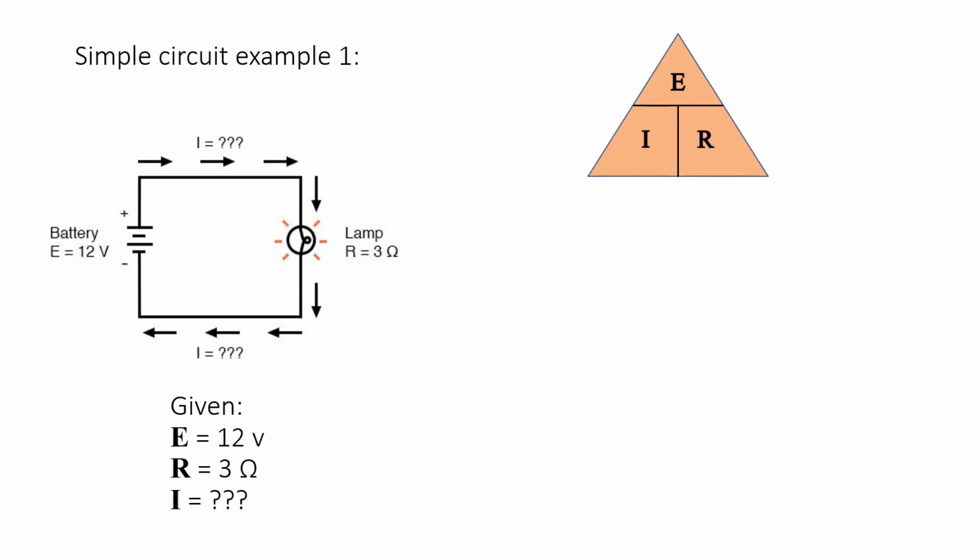Now, using the Ohm's law triangle technique, we are going to find for I. Hence, eliminate I. And the symbols that remain are E and R, or E over R, which represents that voltage is divided by resistance to get the current.